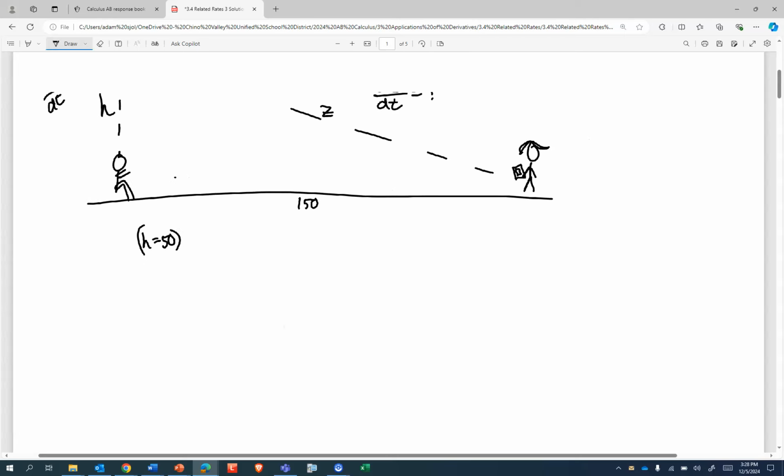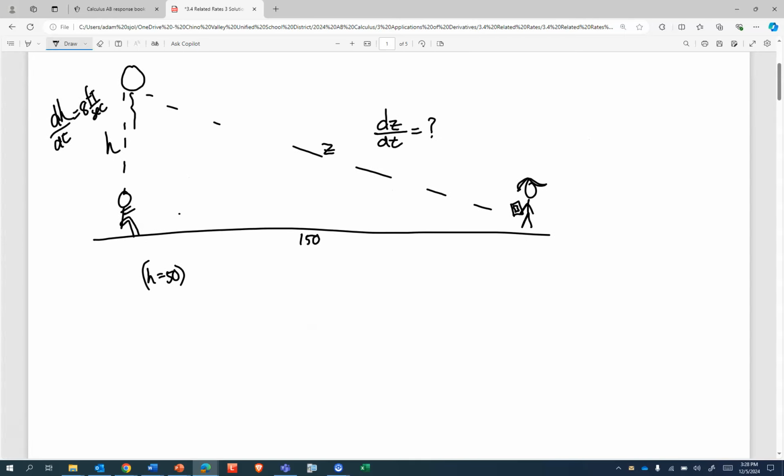Okay, so let's look at this picture. That's a right triangle, and h squared plus 150 squared is equal to the hypotenuse length squared.